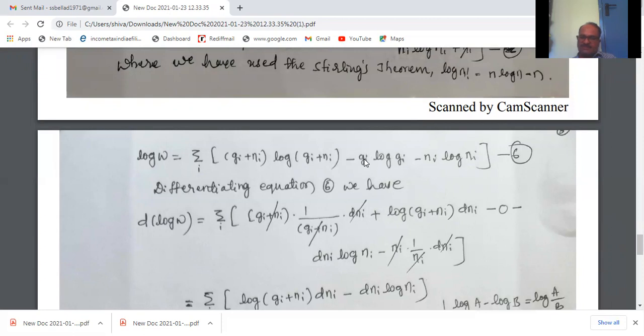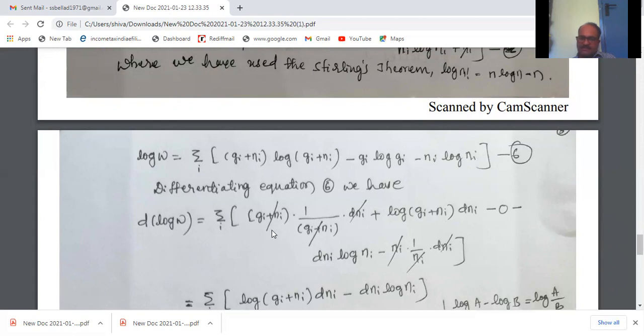Next, we have to differentiate this term, but this term contains only gi log gi. So gi is a constant, so it is a whole constant term. So its derivative is 0. Minus differentiation of the last term, ni log ni. So its differentiation becomes dni log ni, that means ni is differentiated, plus ni times the differentiation of log ni, which is 1 by ni into dni.